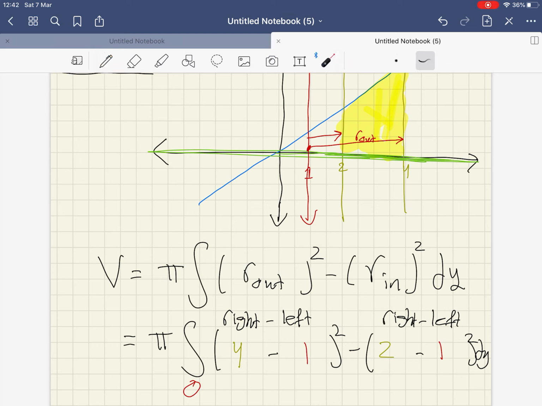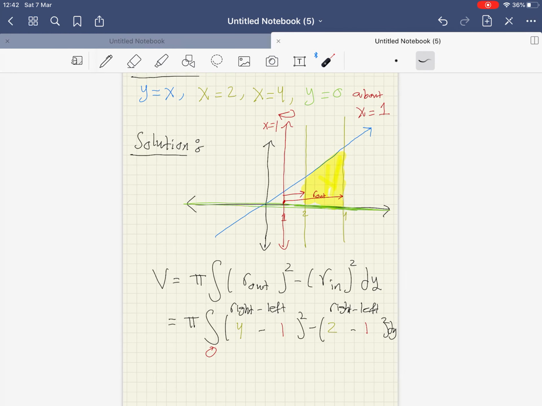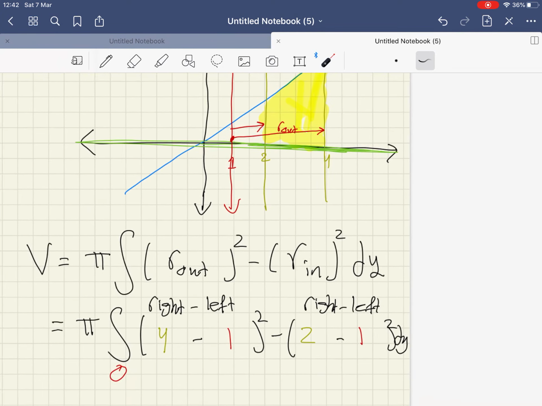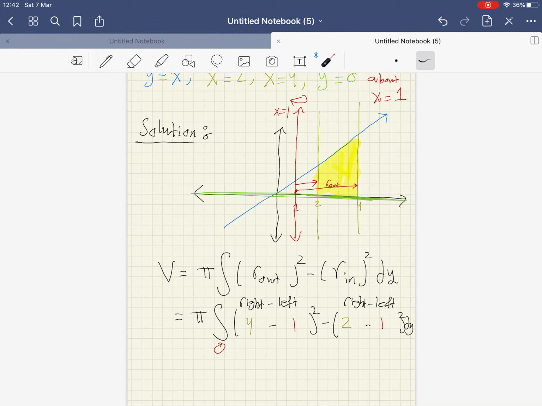Now, if we move it up, this line will go up, up, up, up until where? Where should it stop? I think I sketch it. It will end up until the R out will be the same up to here.